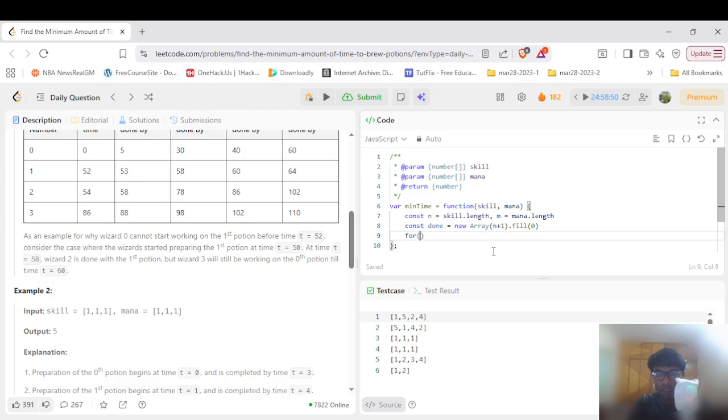And now we need a for loop where we can iterate through all the potions, that is the mana length.